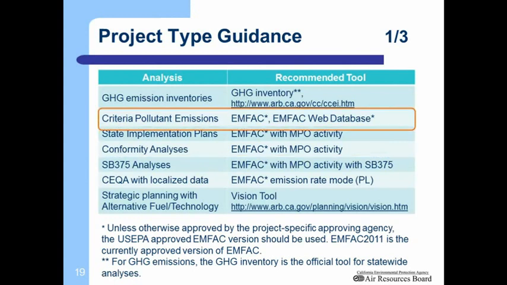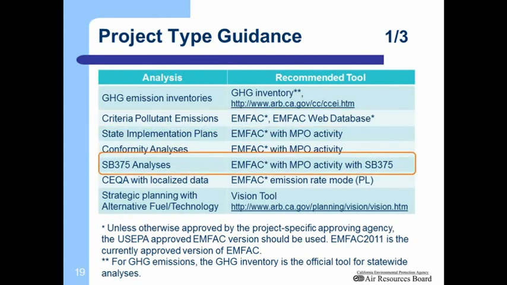Similarly for SB375 analysis, users should also use the MPO activity. For both EMFAC2011 and EMFAC2014, we have options for doing SB375 analysis. That should be the function that users use for SB375.